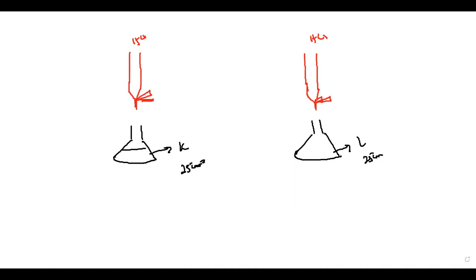K and L are unknown; we don't know their concentration. For a complete color change, we need 20.8 cm³ of HCl here. Here we need 31.2 cm³ of HCl for a complete reaction with L.